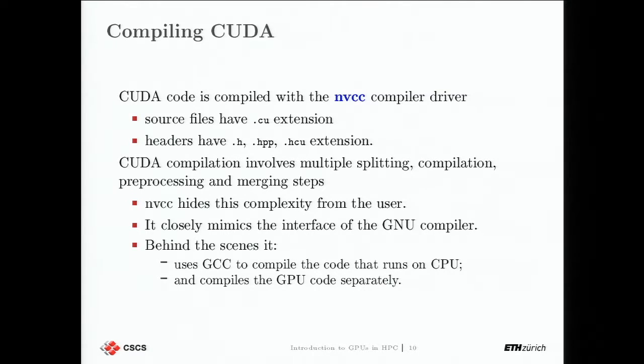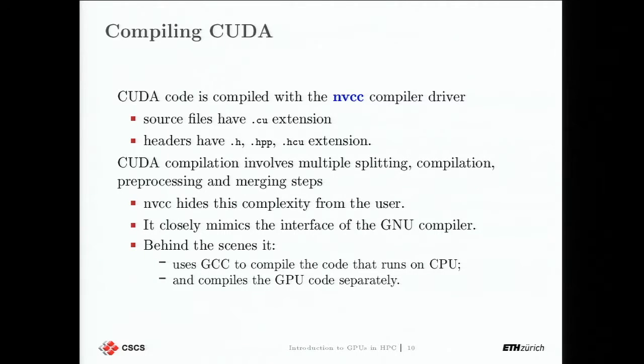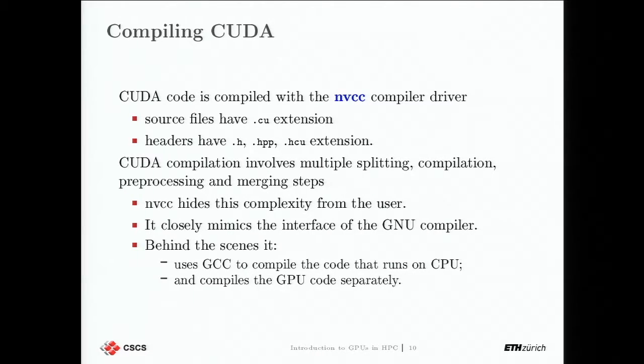CUDA compilation involves multiple splitting, compilation, pre-processing, and merging steps. It's actually pretty complicated what NVCC does, because it takes your input source code and splits it into two parts. The first part is just going to get compiled by GCC, your standard CPU compiler, as C++ code.